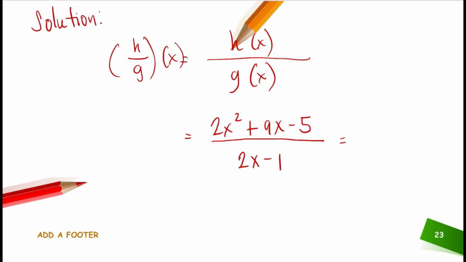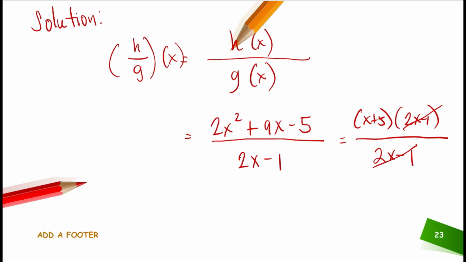The factors are (x + 5) times (2x - 1) over 2x - 1. Then cancel this out. So therefore, the final answer is x + 5. That is the quotient of the two functions.